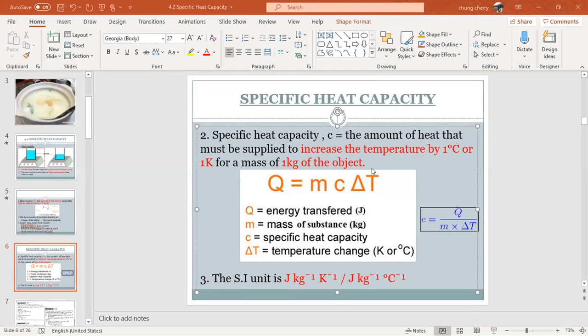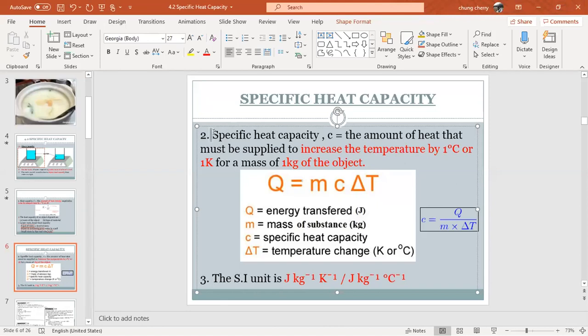What can you find as the difference between the definition of heat capacity and specific heat capacity? Same also, both have the amount of heat supplied. Heat capacity and specific heat capacity. Correct, Christina is correct.